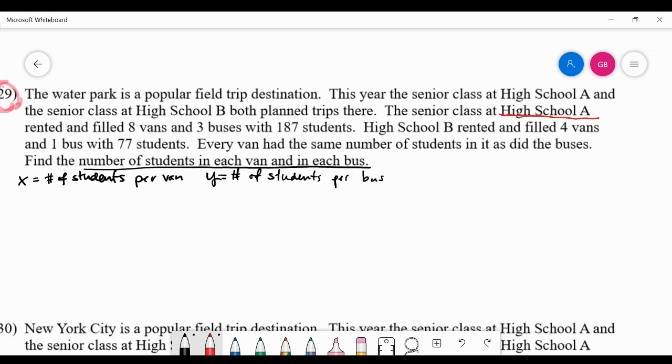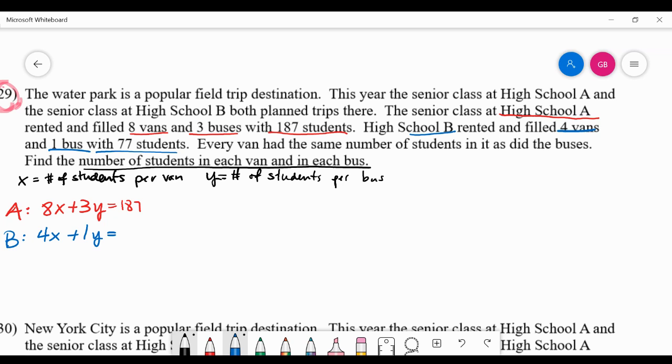High School A rented and filled 8 vans, 3 buses with 187 students. So High School A had 8x plus 3y equals 187. High School B rented 4 vans, 1 bus, 77 students. So High School B had 4x plus 1y equals 77.